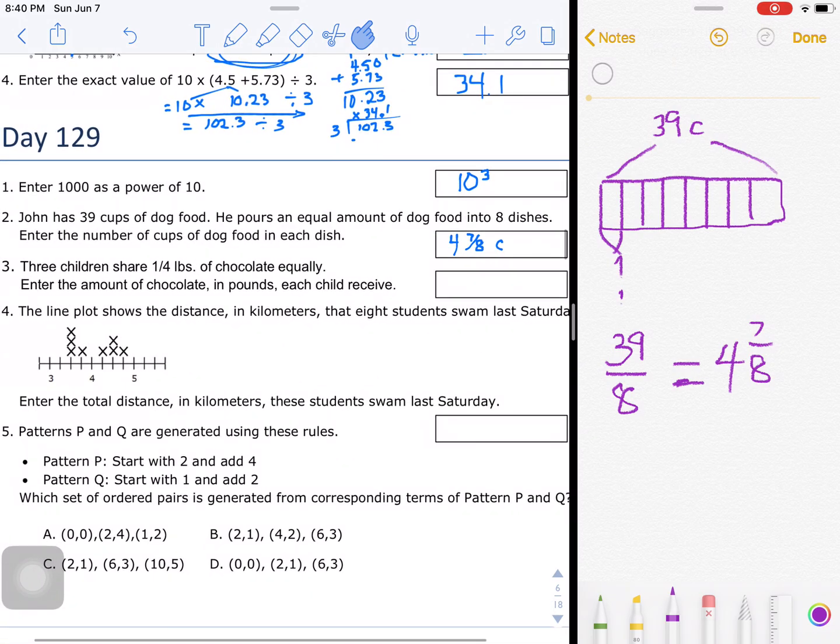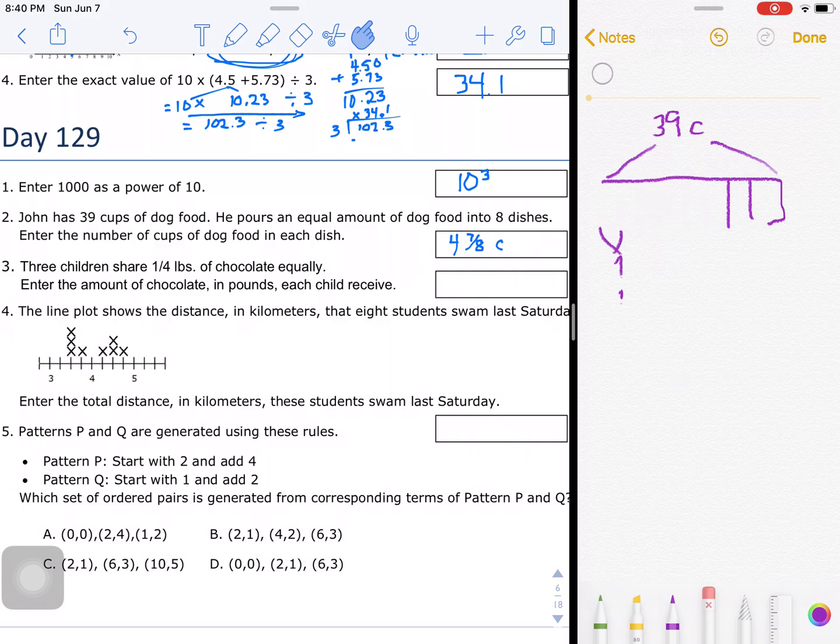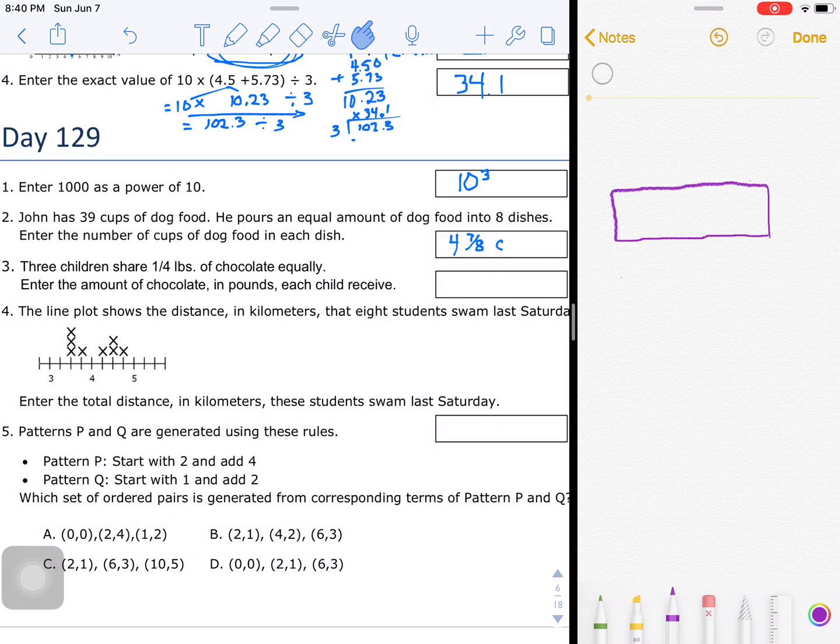Okay, problem number 3. 3 children share 1/4 pounds of chocolate equally. Enter the amount of chocolate in pounds each child receives. So again, let's start out with our whole. In this case, this would be 1 pound of chocolate, but the children share 1/4 of a pound.